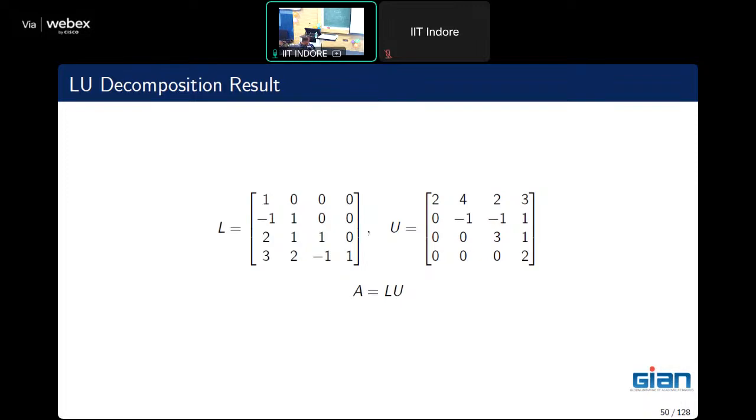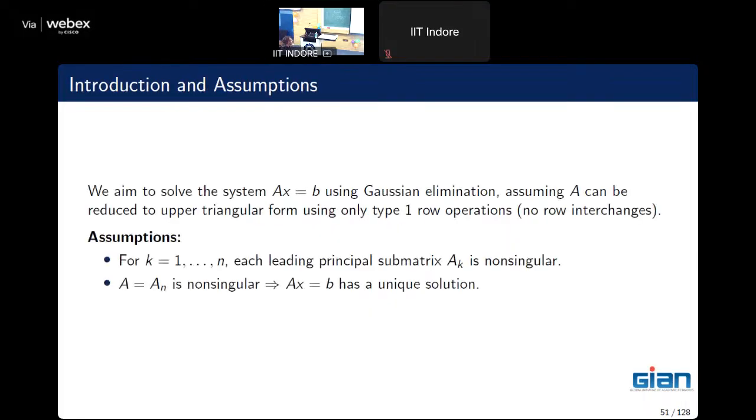Okay. Clear? So similarly, we can solve AX equal to B using Gaussian elimination. A can be reduced to an upper triangular matrix using only type 1 row operations.